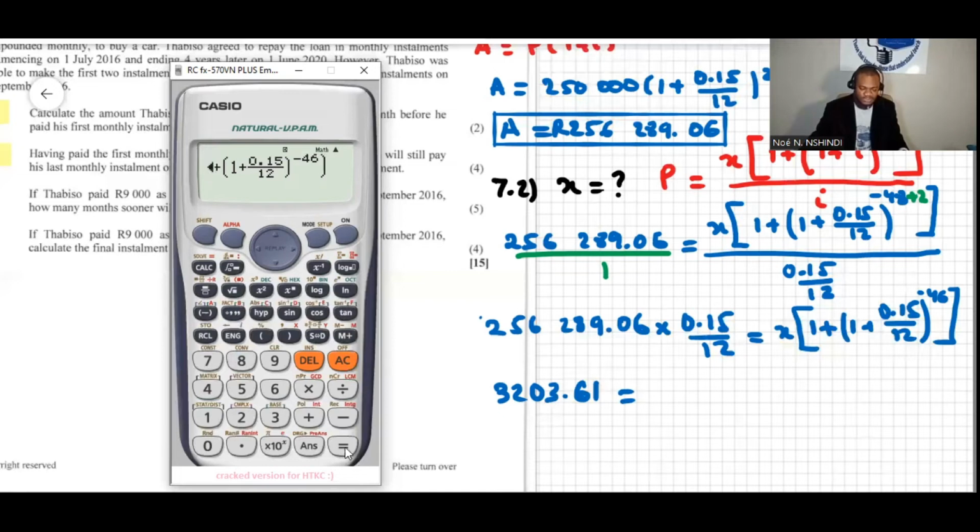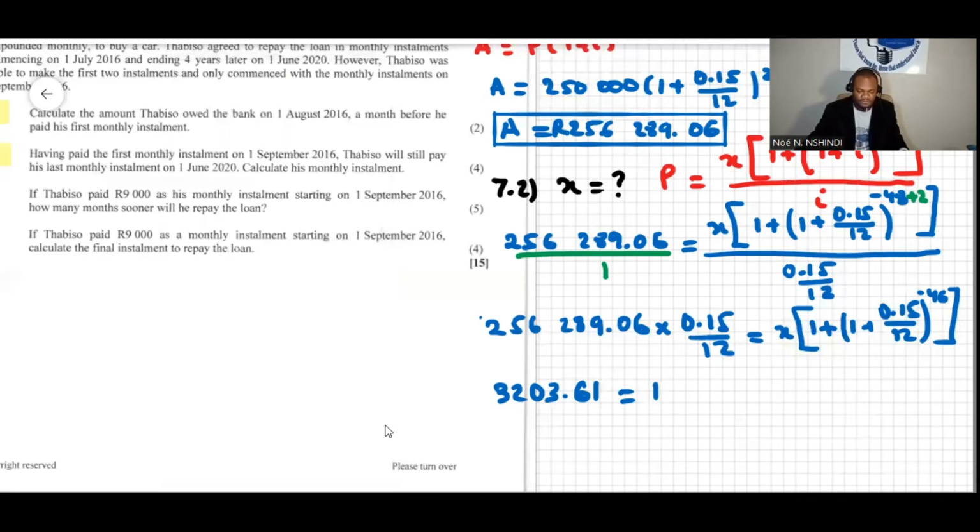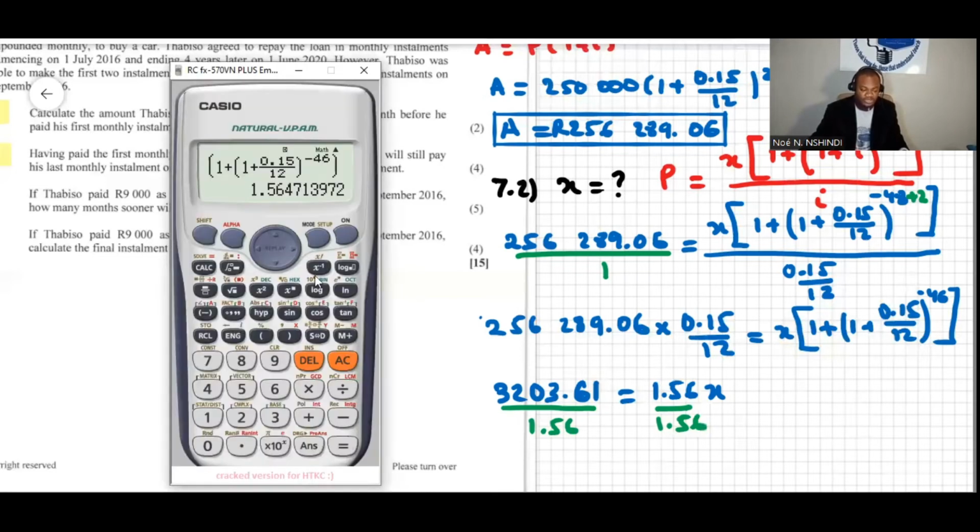This is equivalent to 1.56, so 1.56x. So if I need to find x, I can divide both sides by 1.56.